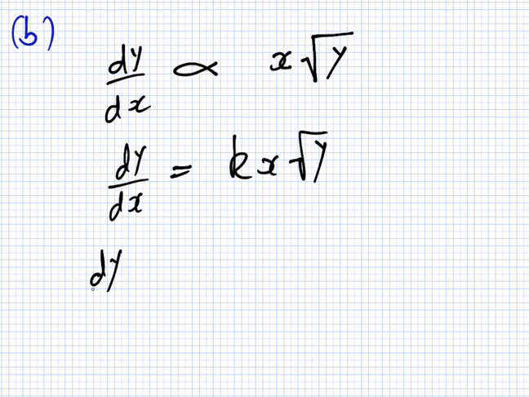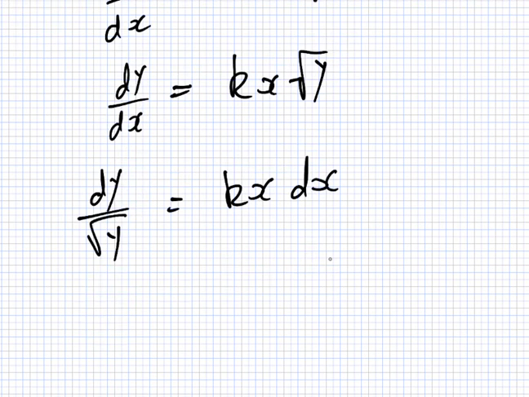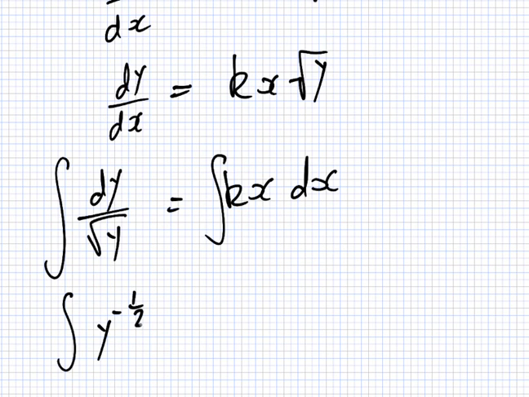dy over root y equals kx dx. We integrate, and we integrate. So we're integrating y to the power minus a half dy equals k integrate x dx.